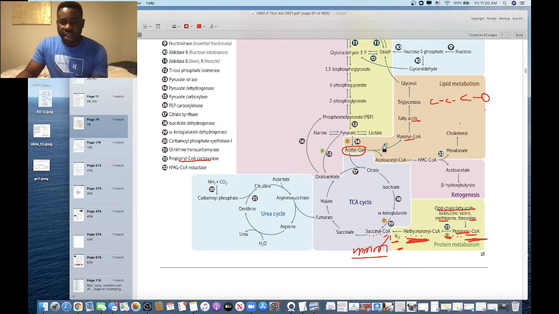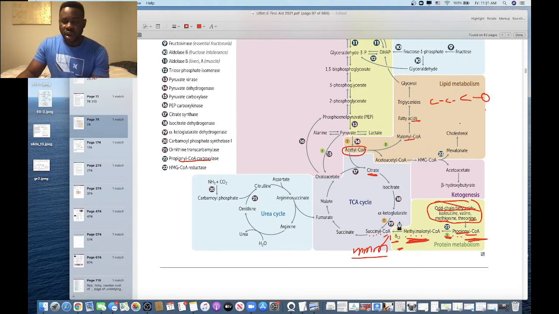Now, again, we can use all these over here. When we break this into this and this and this, they also go into the TCA cycle, and if the cycle slows, we'll get more citrate.